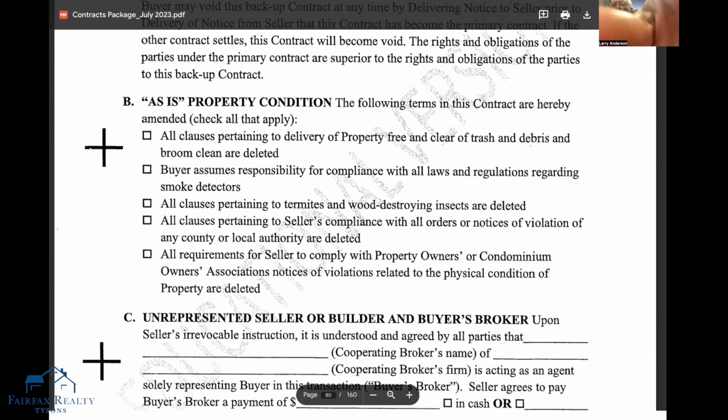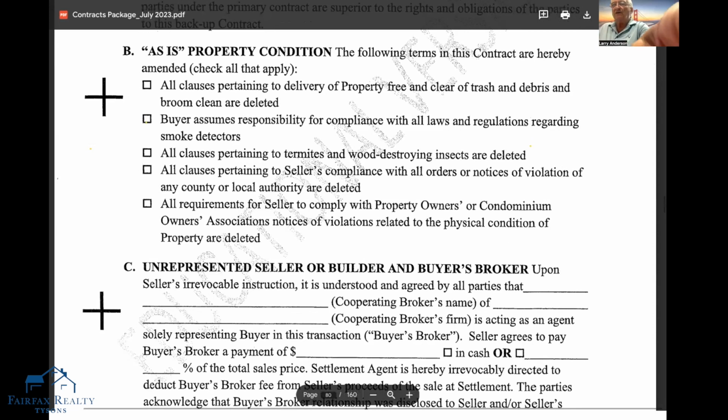So if you see on this, as is means all clauses pertaining to trash and debris, I could leave everything in the property and you clean it out, or smoke detectors, or termite and wood destroying insects, deleted, or all clauses pertaining to compliance with orders and notices of violation of county or state zoning or health requirements, and all requirements for POA and condo.